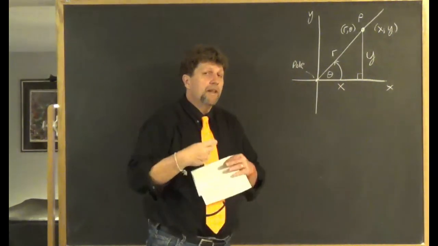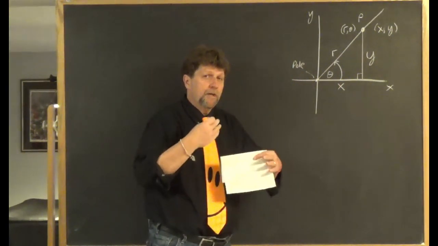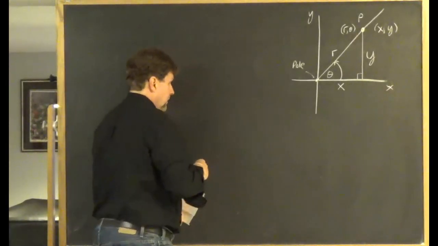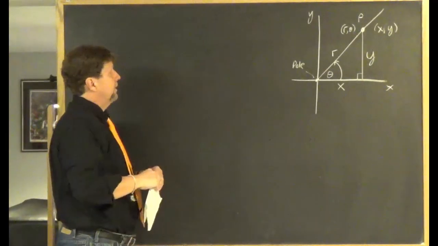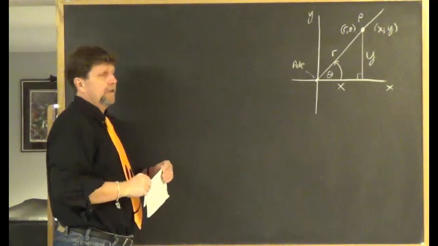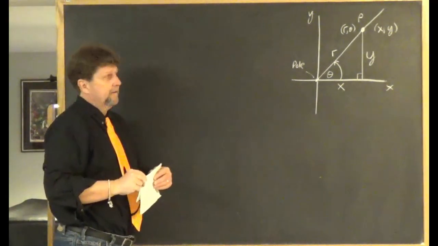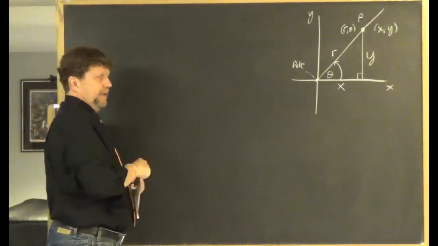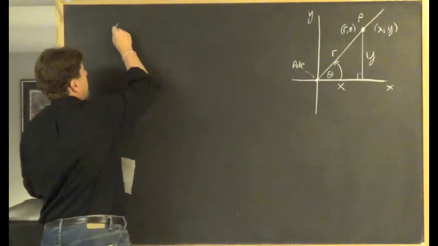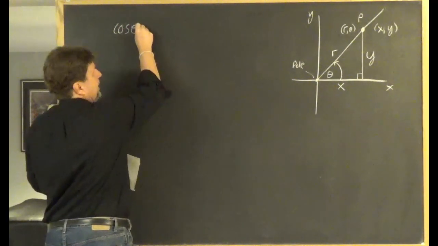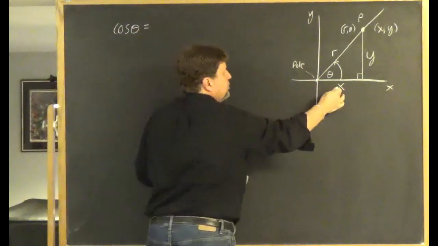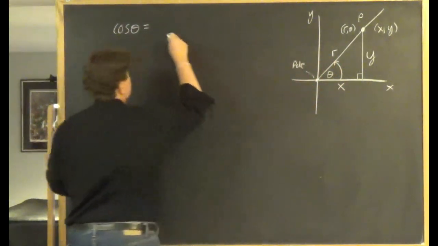So to come up with the relationship between polar and rectangular, it looks like some right triangle trig. We know by looking at that right triangle, cosine theta is adjacent over hypotenuse.